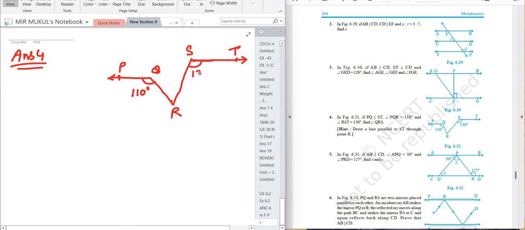This angle is 130 degrees. Okay, here one construction is required. Produce PQ. Okay, this will intersect at a point. Suppose this is A, and here one point, that is B.